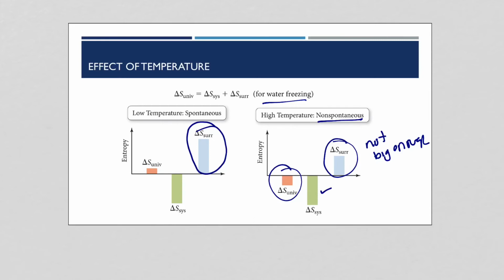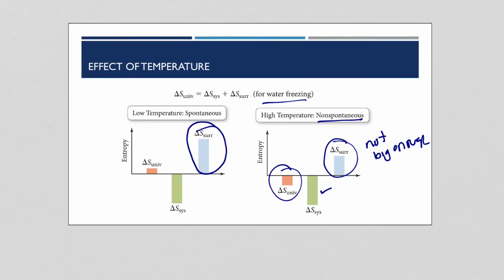So, in other words, if the surroundings are already more energetic, then adding a small amount of energy doesn't make such a significant change. But at lower temperatures, when the surroundings have a low amount of energy, adding even a small amount of energy causes a significant increase. So there's going to be temperature dependency of this effect as well.